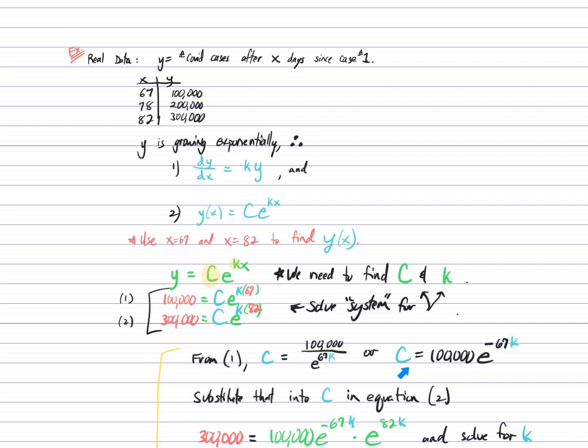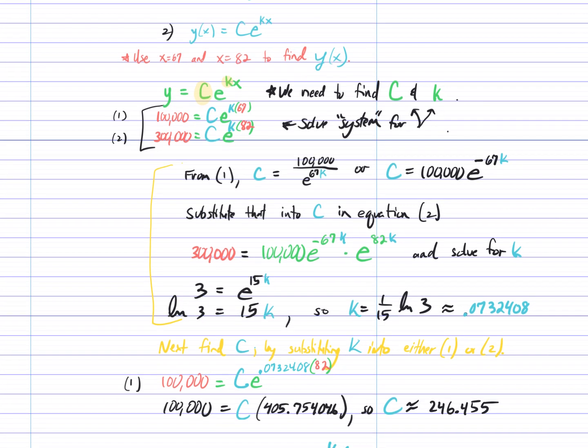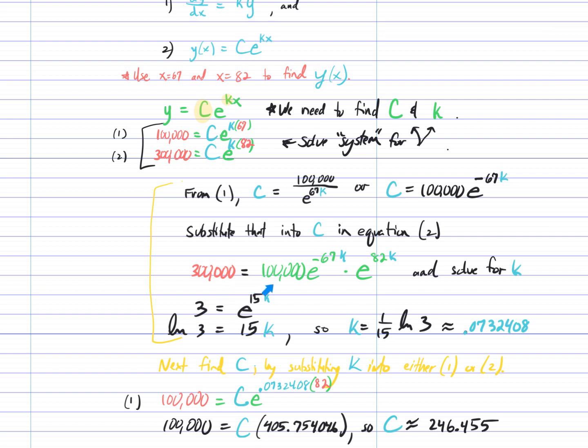And then we'll substitute this back into the other equation, equation 2. And when we substitute that into equation 2, it goes right there in place of c. This simplifies to 3 equals e to the 15k. So taking the natural log of both sides, we see that k is about 0.073248.